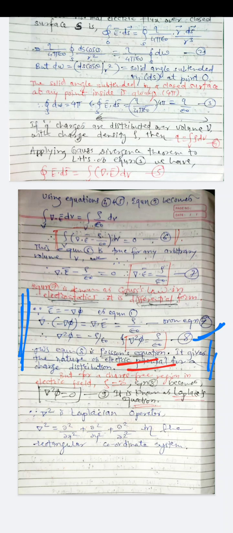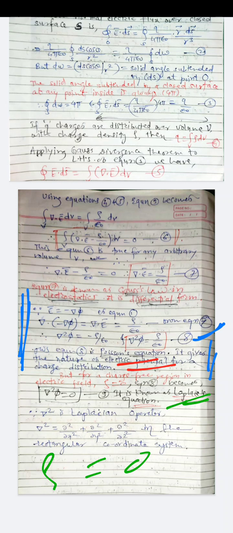But for a free charge region in an electric field, rho is always equal to 0. For that, equation number 8 takes the form del square phi equal to 0. It is equation number 9 and it is known as Laplace's equation.